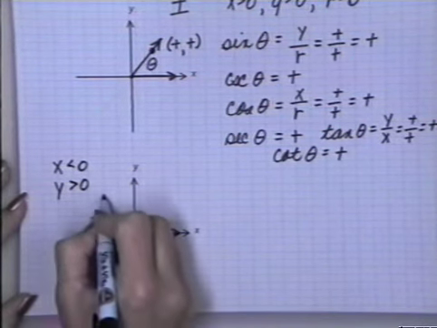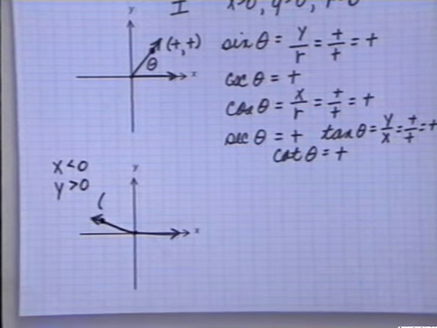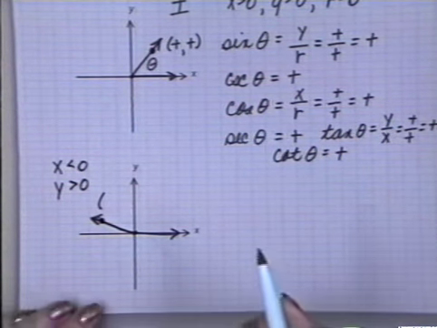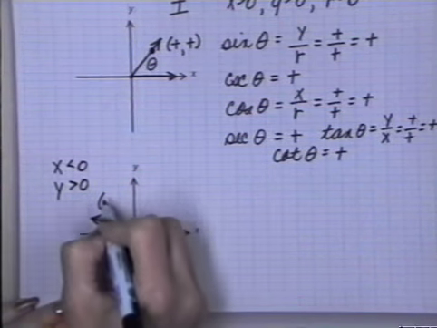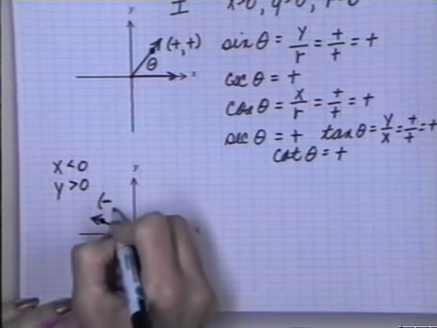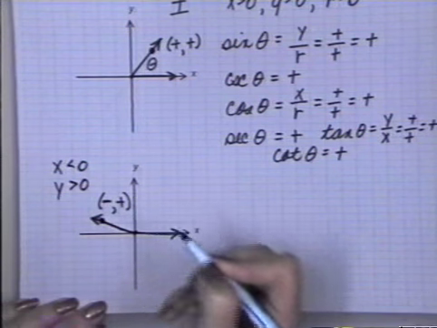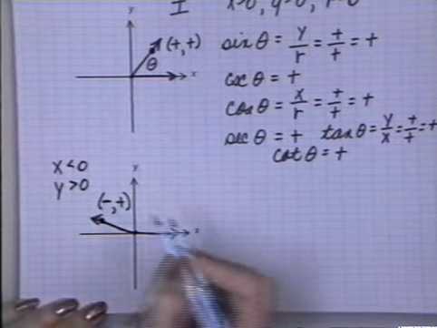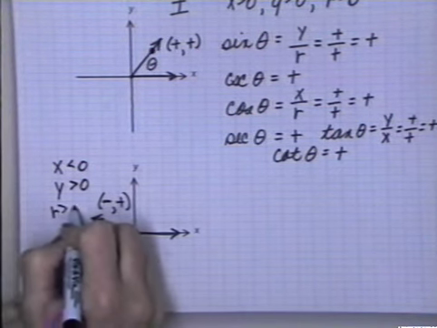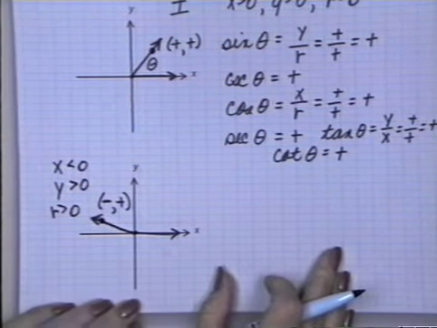So for whatever point I pick on the terminal side, because it's in the second quadrant, its x coordinate will be negative and its y coordinate will be positive. And of course we know r is greater than 0.